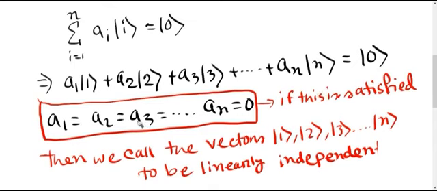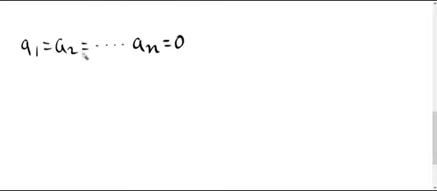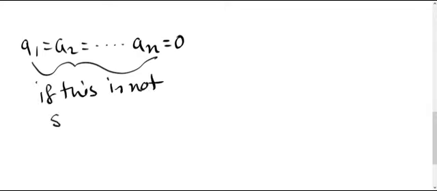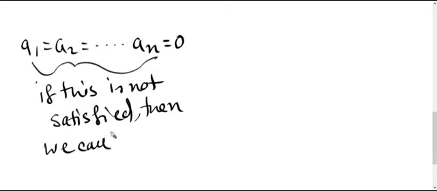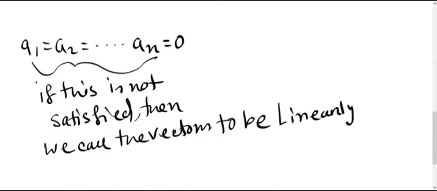That is, if this condition is not satisfied, then we call the vectors linearly dependent.